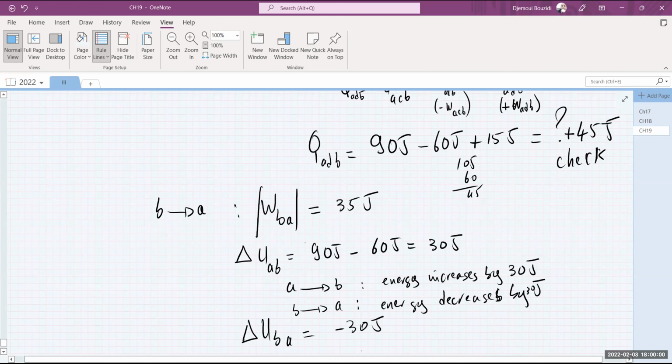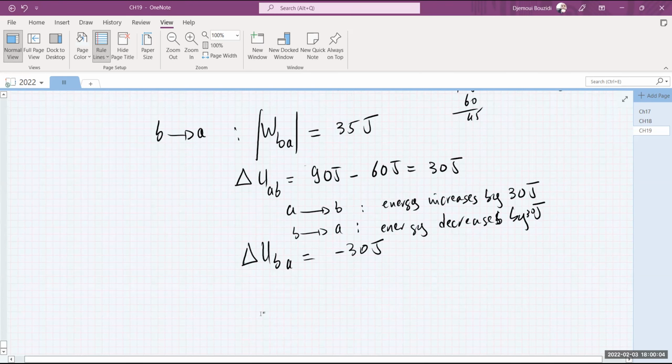We also know the work now is positive. W is equal to positive 30 joules according to us. According to the book, it's actually negative 30 joules.